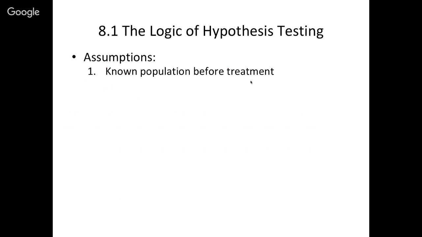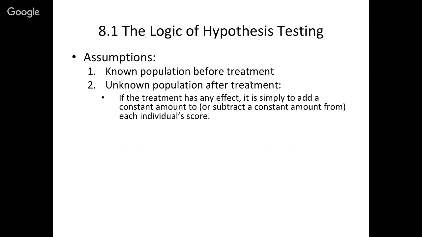We have 2 major assumptions. The first one is that the population is known before treatment, which means we know its mean and standard deviation, the mu and the sigma. But the population after treatment is unknown, and the treatment effect can simply be considered as adding a constant amount or subtracting a constant amount from each individual score.